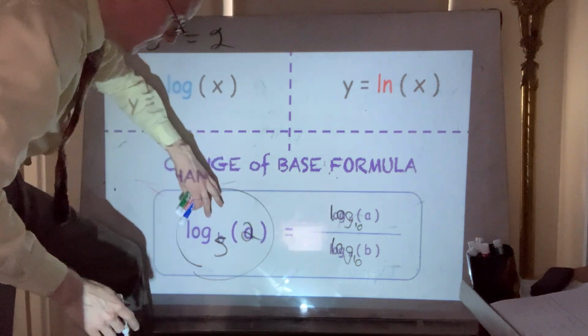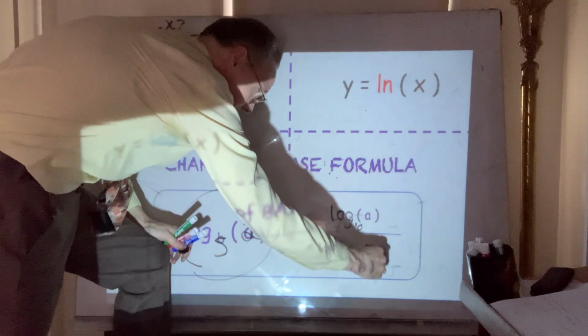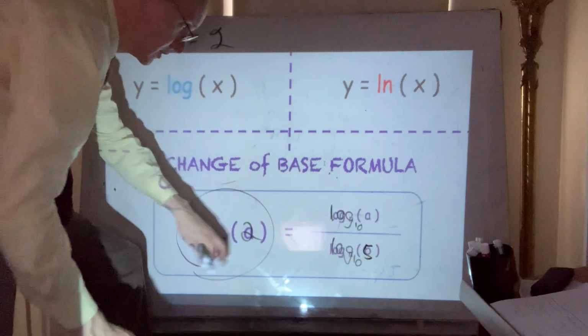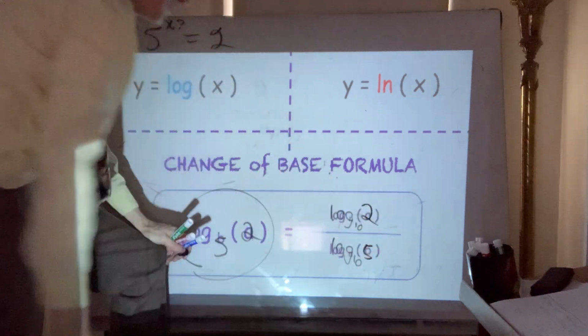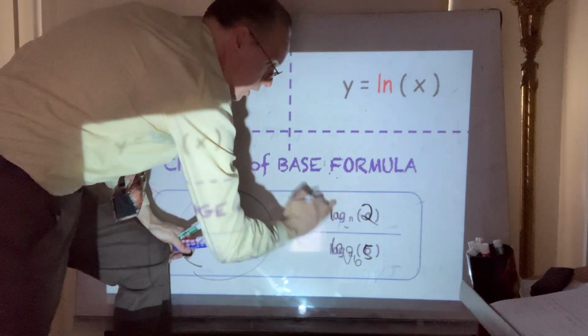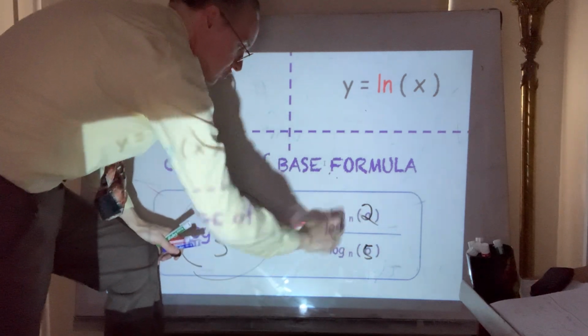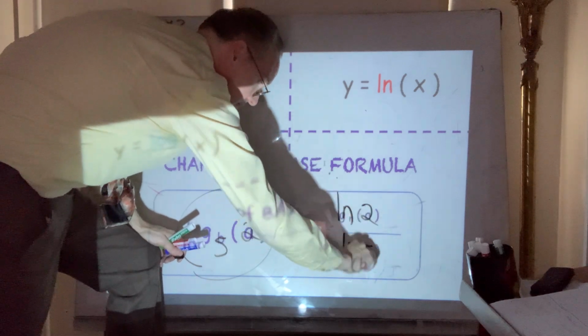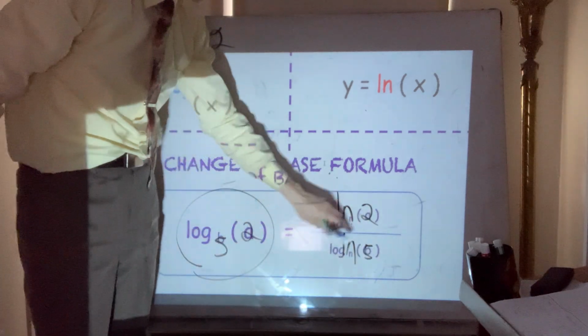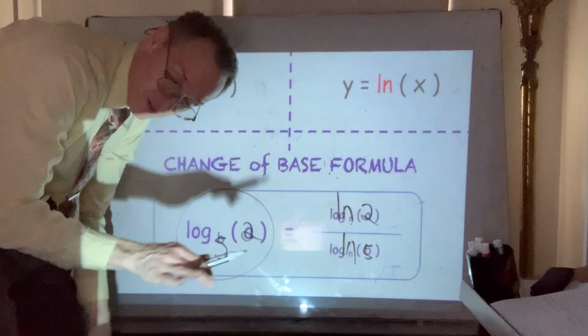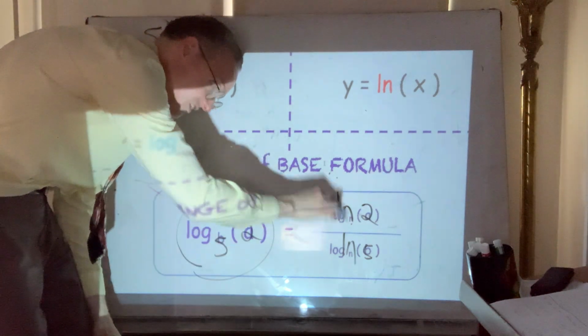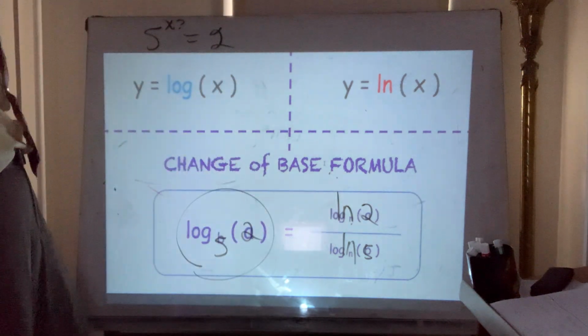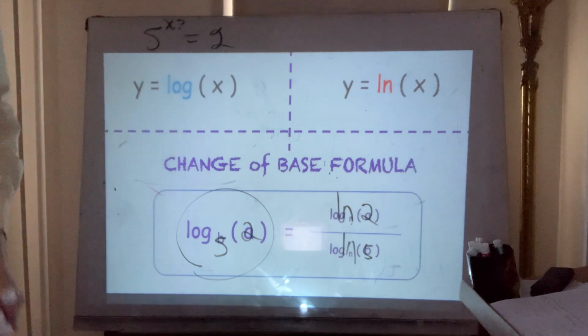Just take the base number and put it in the argument here, and take the argument and put it on top. You could, if you wanted to, use the natural log instead, because then they would be base e and base e. The trick to this, as is often the case with math, is consistency. Anyhow, let me show you what happens as a result.